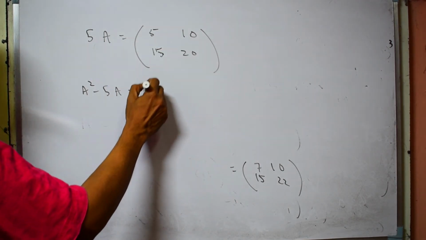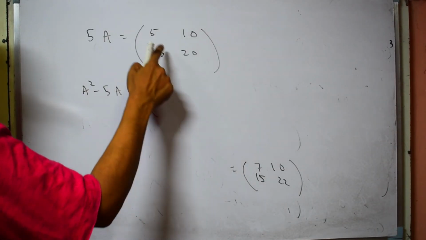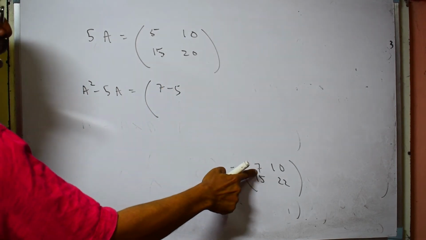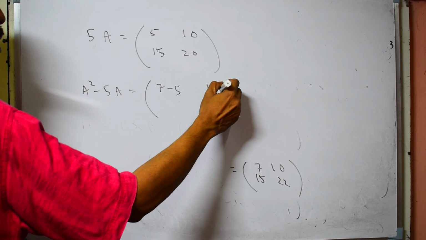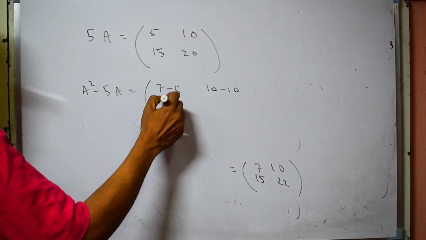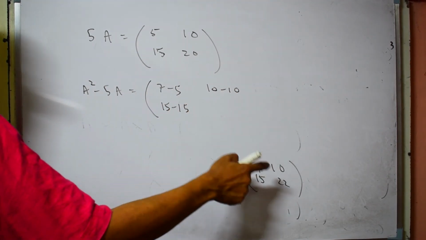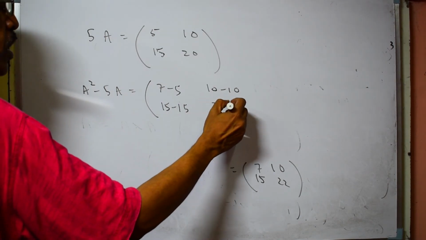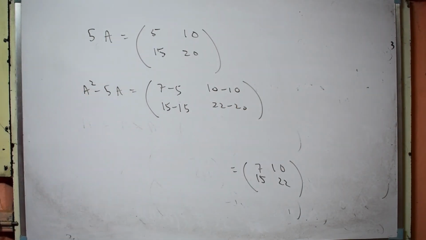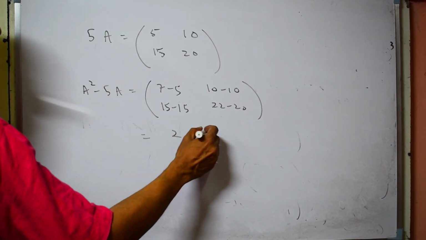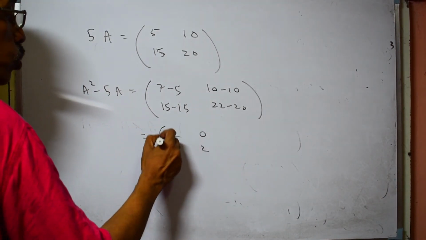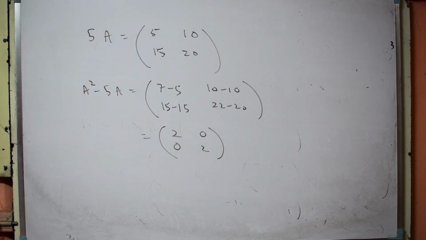That means the numbers at the same place will be subtracted: 7 minus 5 is 2, 10 minus 10, then 15 minus 15, and 22 minus 20. So the final answer is 2, 0, 0, 2. So the final answer is [2, 0, 0, 2].